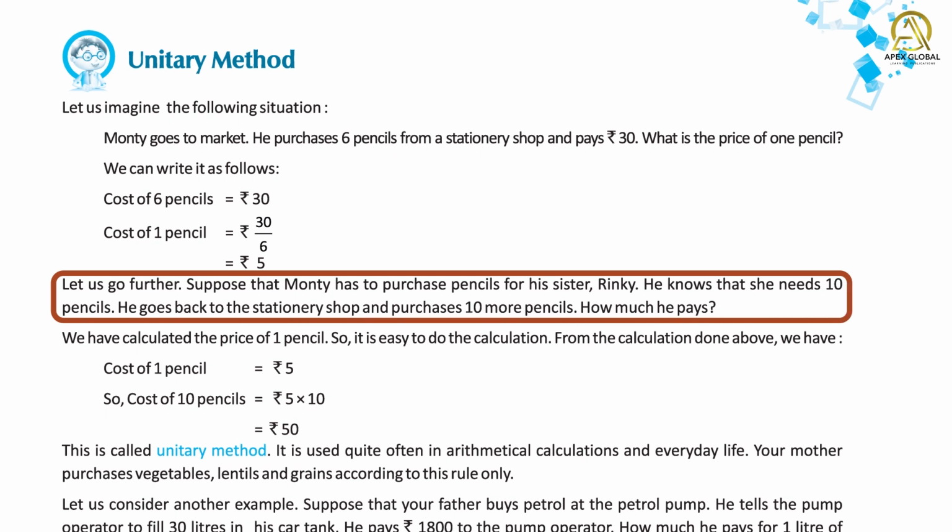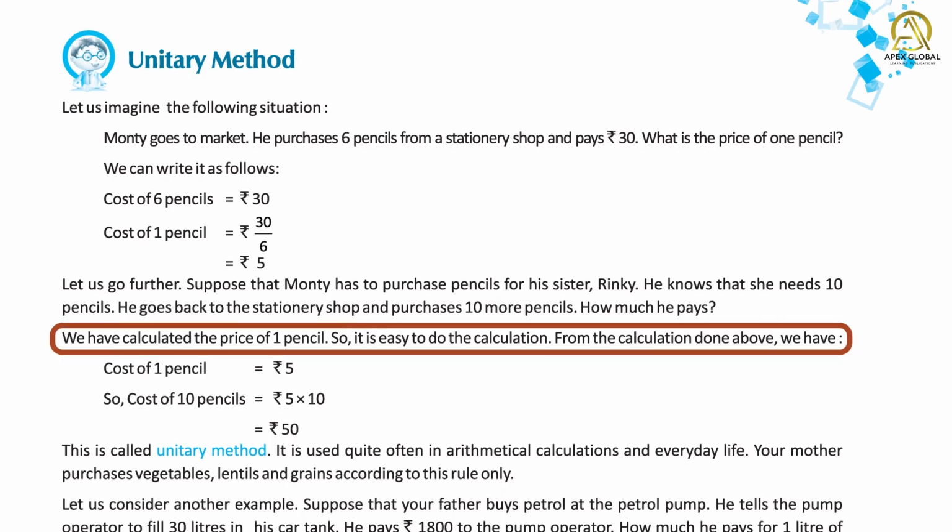Let us go further. Suppose that Monty has to purchase pencils for his sister, Rinky. He knows that she needs 10 pencils. He goes back to the stationery shop and purchases 10 more pencils. How much does he pay? We have calculated the price of 1 pencil, so it is easy to do the calculation.